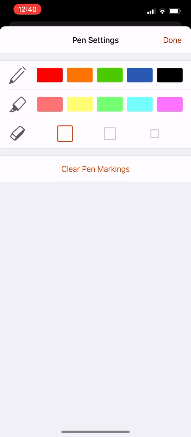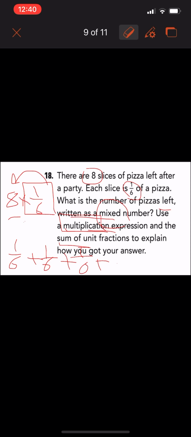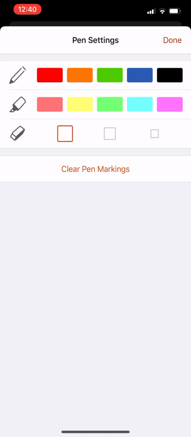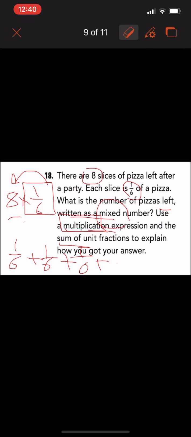It's only one 6. So 1 times 6 is 6. How many more for the 6 to be 8? I need 2. So 2 out of 6. 1 and 2 out of 6. This is my mixed number for this question. So the answer is 1 and 2 out of 6.